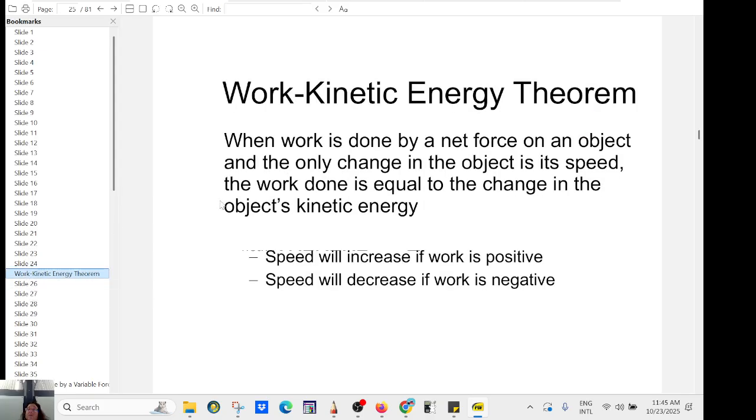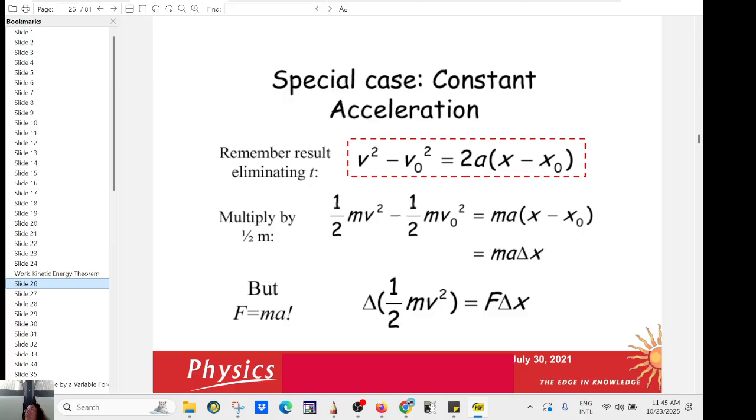Let's go back. So this is called the work-kinetic energy theorem. The net work equals the change in kinetic energy. And now you see where that kinetic energy equation comes from. Remember, v final squared minus v0 squared equals 2 times acceleration times delta x. Now let's develop it a little bit algebraically. You multiply by 1/2 the mass everywhere.